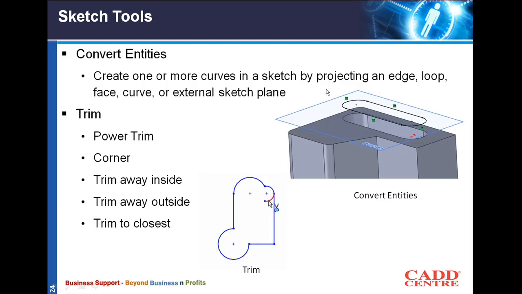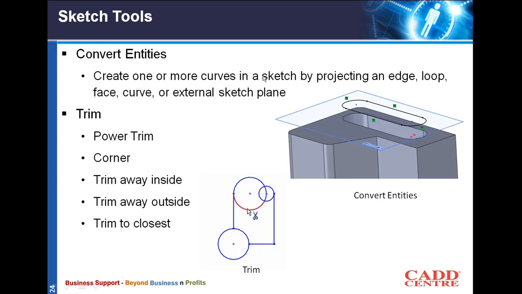Now what I did is I selected the command called convert entities, and I selected the edges over this plane, and these entities have been created. This we call convert entities, and this symbol will show you it is convert entities.